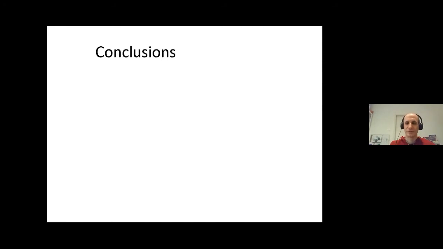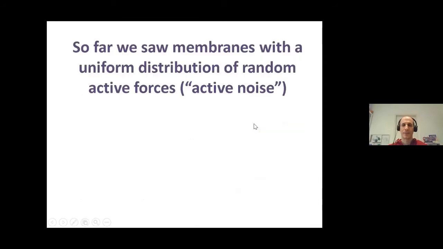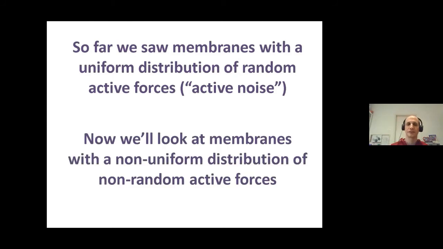Okay, right. So we saw the conclusions, and now instead of dealing with a uniform distribution of random forces, let's look at a membrane that has a non-uniform distribution of non-random forces. Non-random forces meaning forces that actually give you a net push or a net pull in a particular direction. So they're not noise-like.